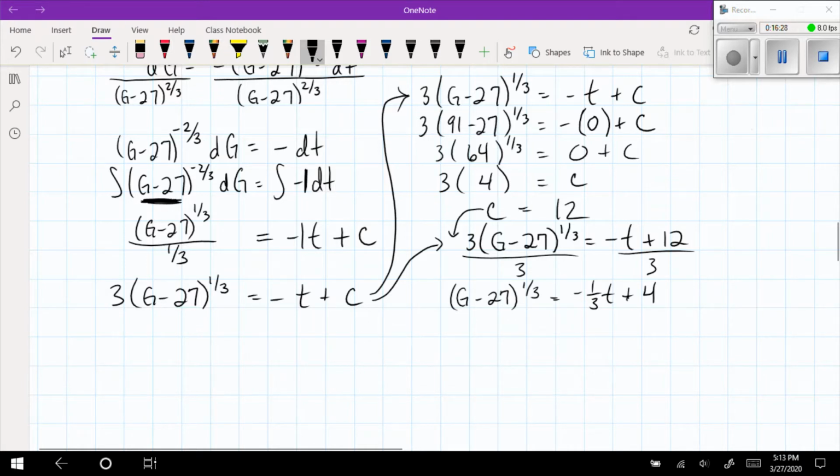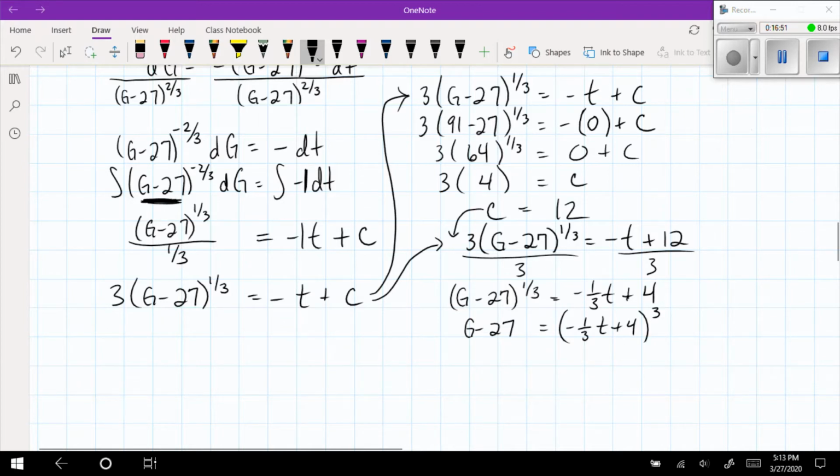Is everybody okay with that? Hopefully. And now I need to get this g minus 27 alone, so I need to undo my 1/3 exponent, which means I need to cube both sides of the equation. This will give me g minus 27 is equal to negative 1/3 t plus 4 quantity cubed.